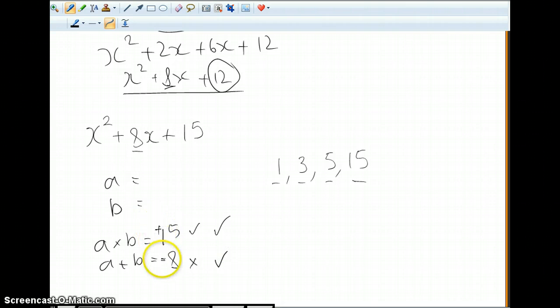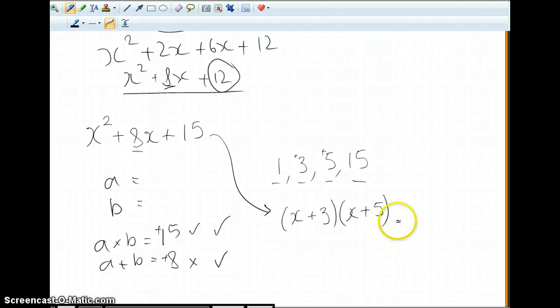And because these are both positive, so will my answer. So, sticking with my rule, it's x plus 3, x plus 5. That's what we call a fully factorized quadratic.